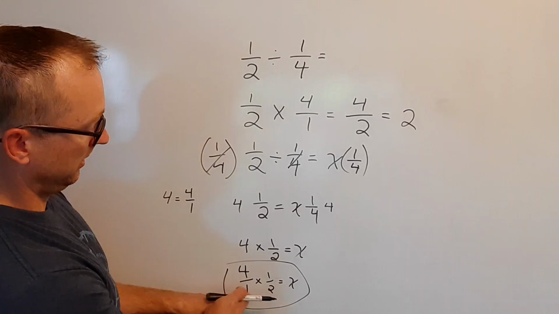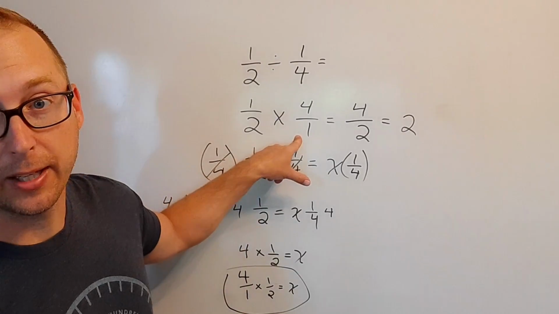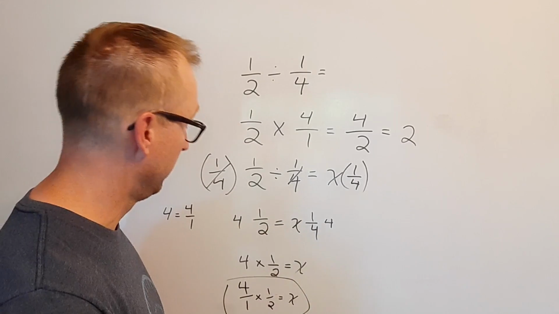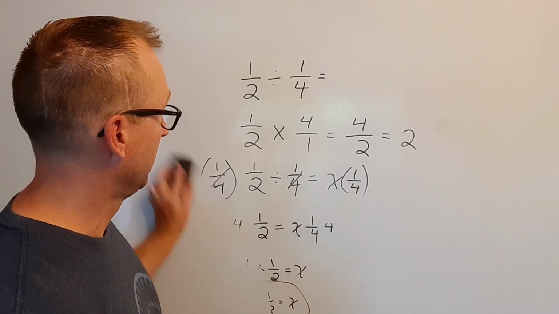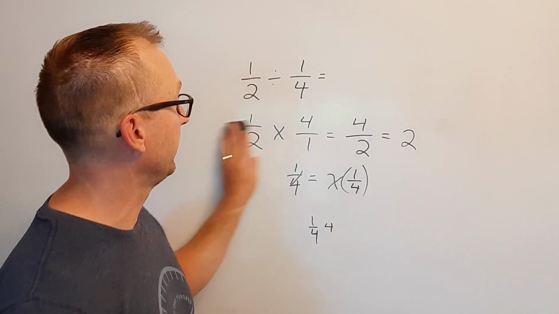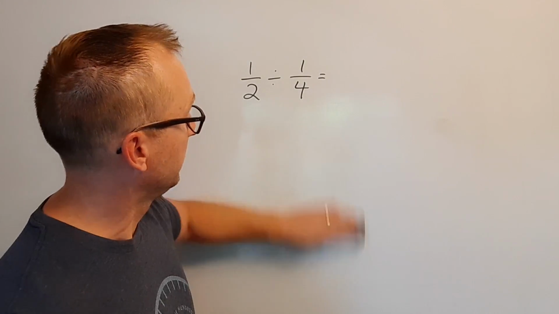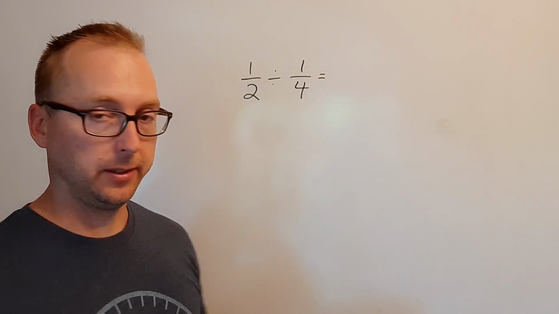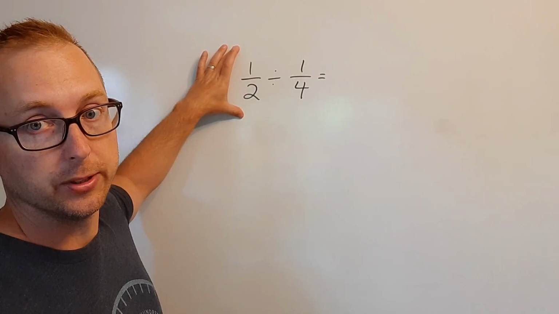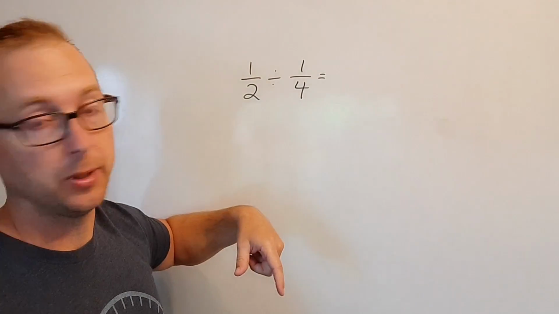And as you can see, this equation is the same as that, and that's how the gist of it works. Another way that you could do it, if you want to skip all the rewriting of the equation, and it does the same thing, is you have your original equation and you just cross multiply.